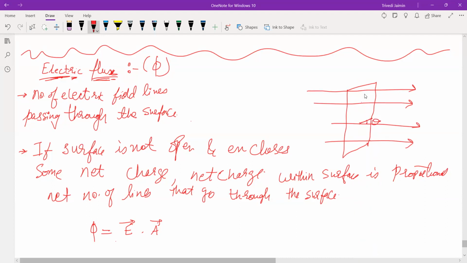So there is an angle between the area, sorry, the surface, and the field.